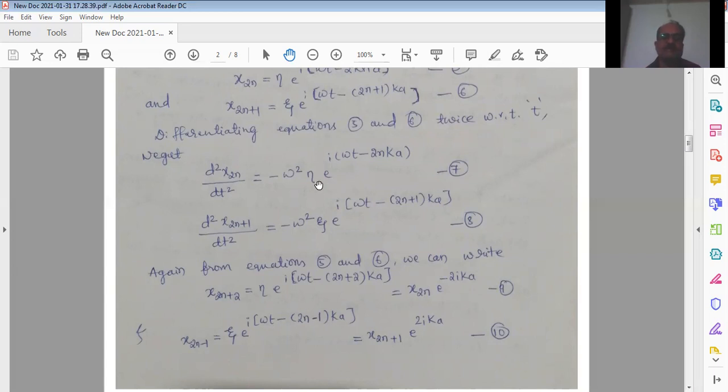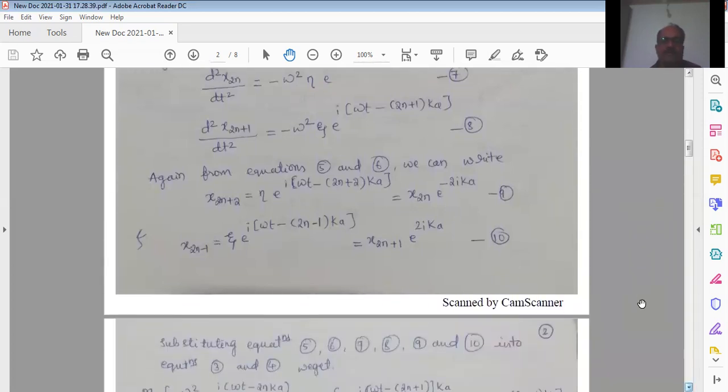So i square omega square is multiplied by this term, and i square is equal to minus 1, so this minus sign comes. Similarly, equation 6 is also differentiated and simplified, and we get it in this way.